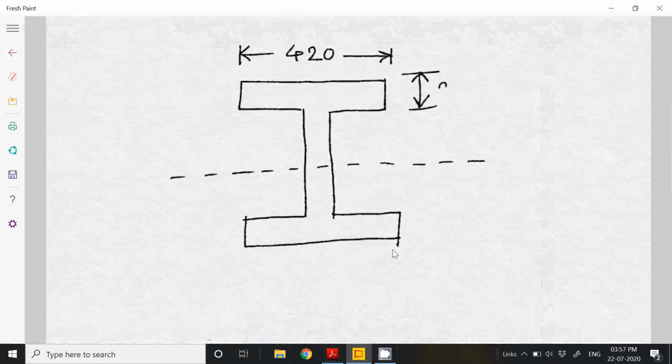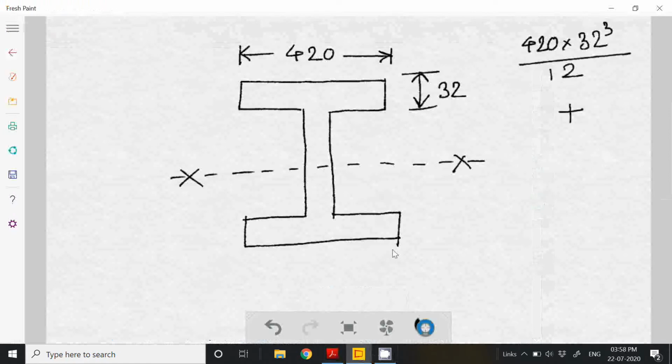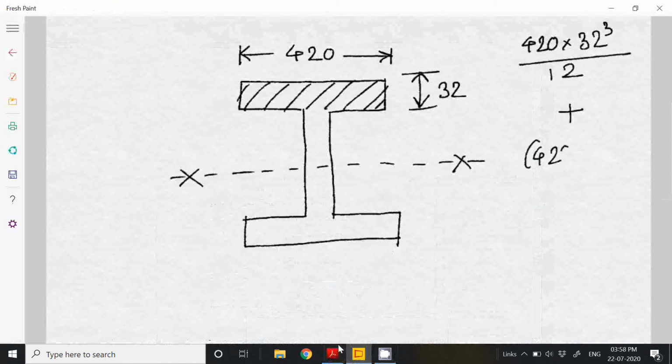So if I take the moment of inertia about this, it will be 420 into 32 cubed by 12 plus A R squared, isn't it? If I look into this formula, A R squared will be this one. This one is A, which is 420 into 32, into R is this one.